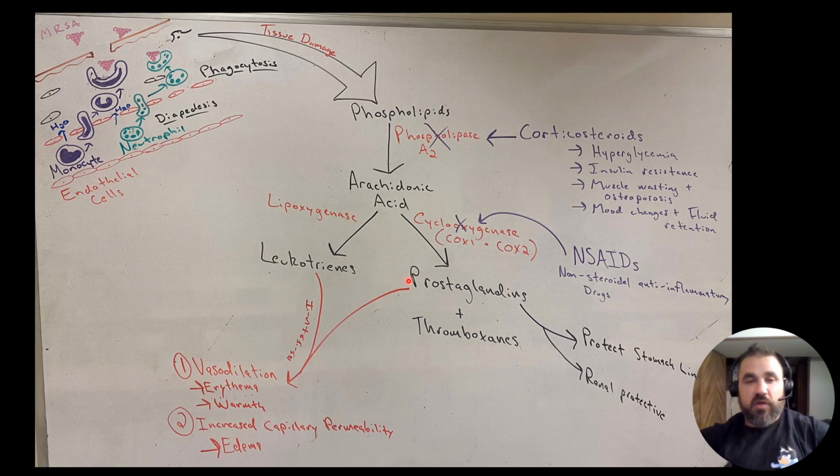The leukotrienes and prostaglandins, along with histamine, released by mast cells in the skin and tissues in response to tissue damage or hypersensitivity reaction, have two main effects on the vasculature. Why do we care about the vasculature? We're getting there. It leads to vasodilation, so increased blood flow to that specific area of tissue, and increased capillary permeability.